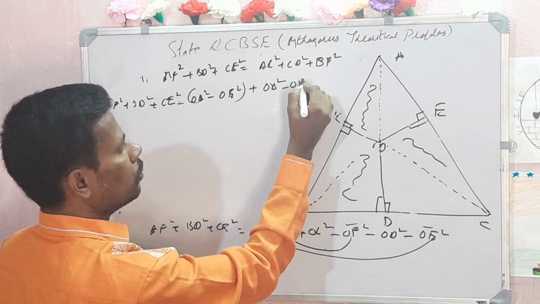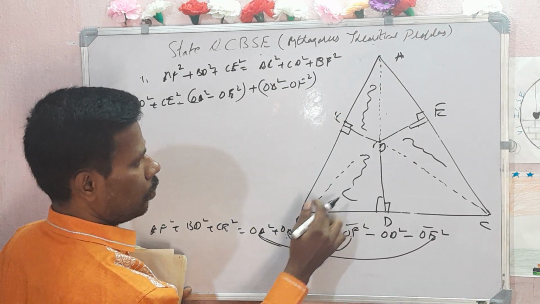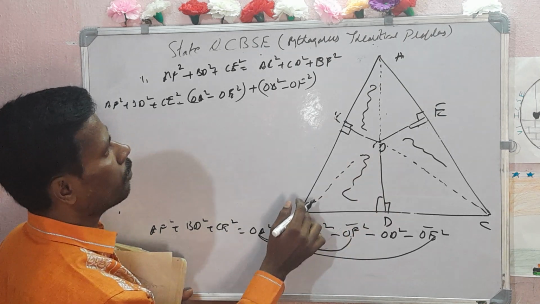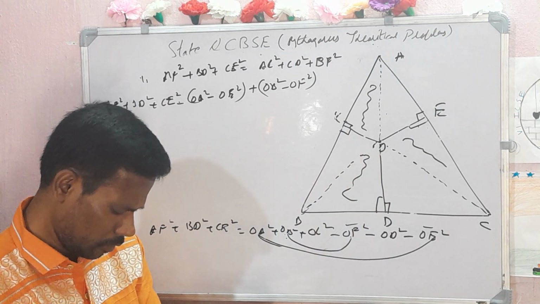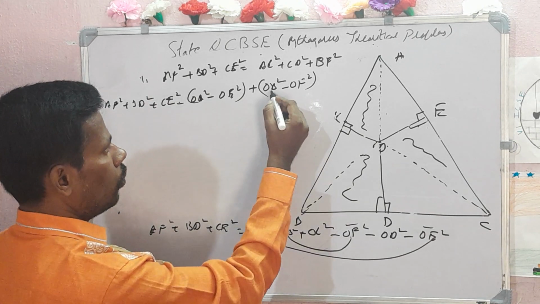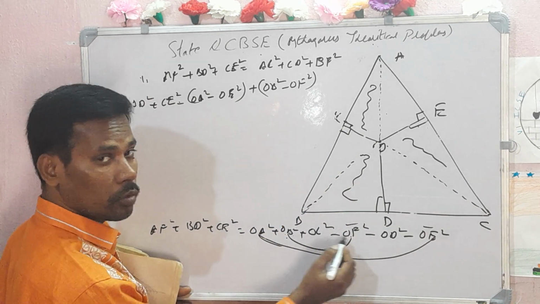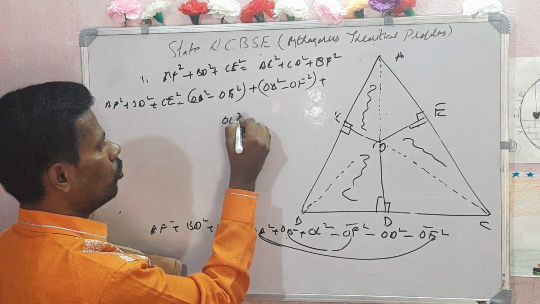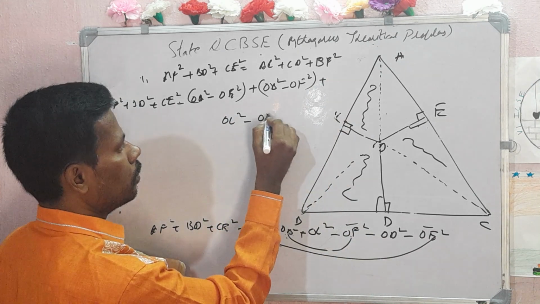OB square minus OF square. OB minus OF is nothing but BF. Yes, you group these two. Next, plus what is the other part? OC square minus OD square.